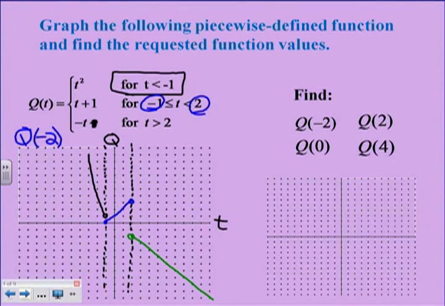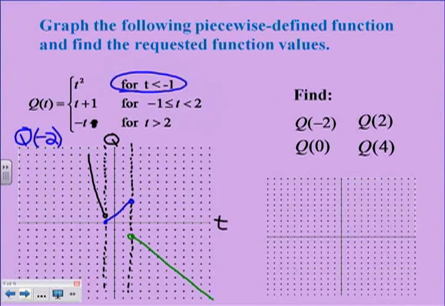So I first determine which of these 3 intervals my -2 is going to fall into. It's going to be in this one. It's going to be less than -1. So I square the -2. That means that I have the point -2, 4. And -2, 4, well, I hit it pretty decently.